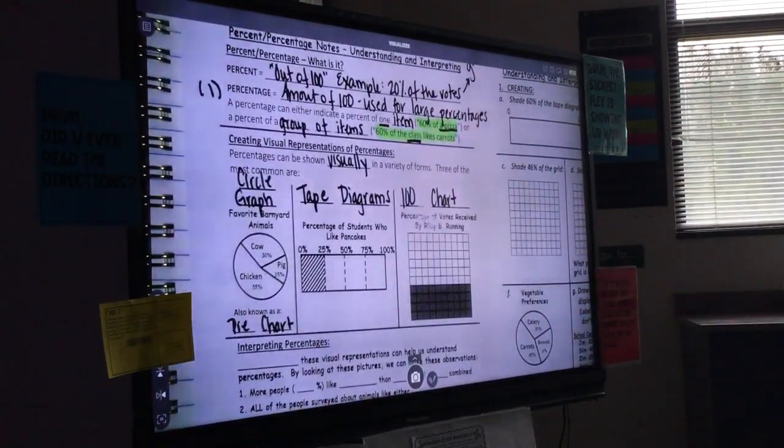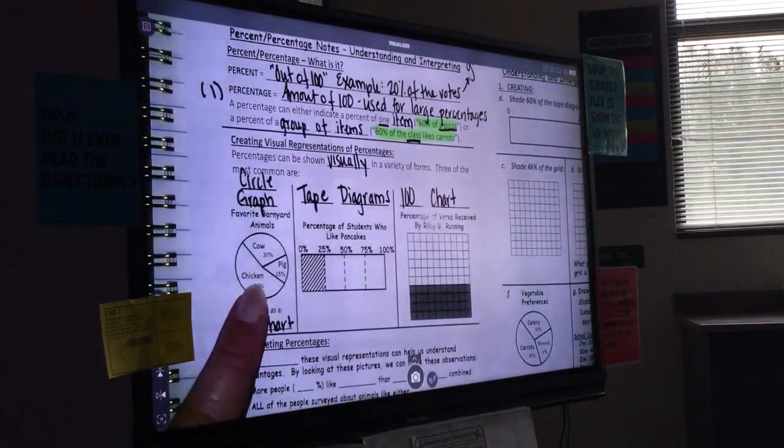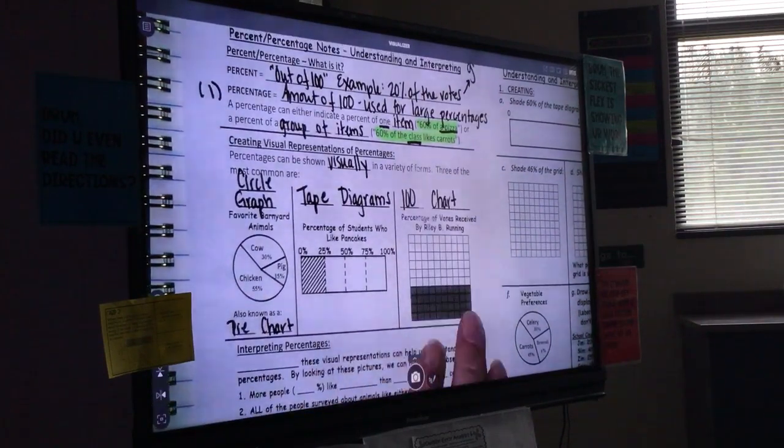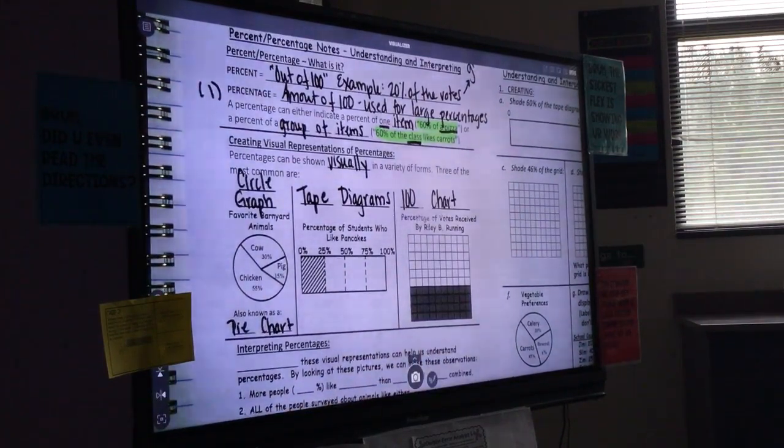So all of these have to equal up to what though? This circle graph, the tape diagram, and the hundreds chart all have a total of what? Sincere? 100.